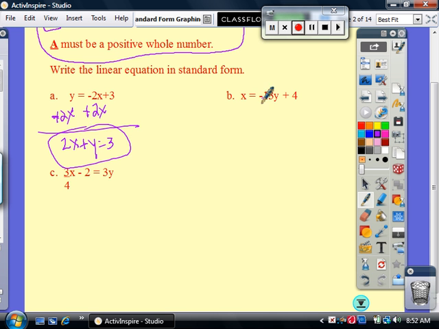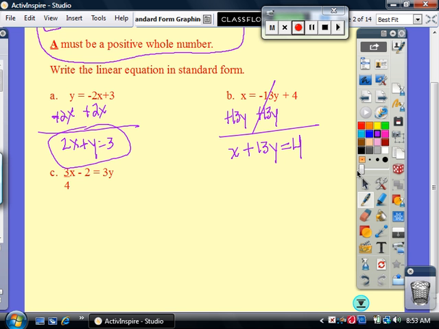This one's pretty easy. How would I get y over there with x? Add 13y. So x plus 13y is equal to 4. That's standard form. Not too bad.